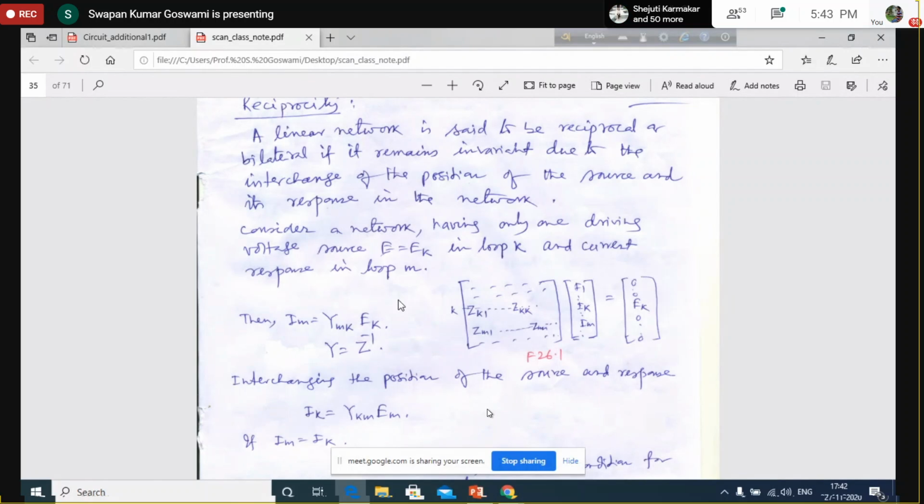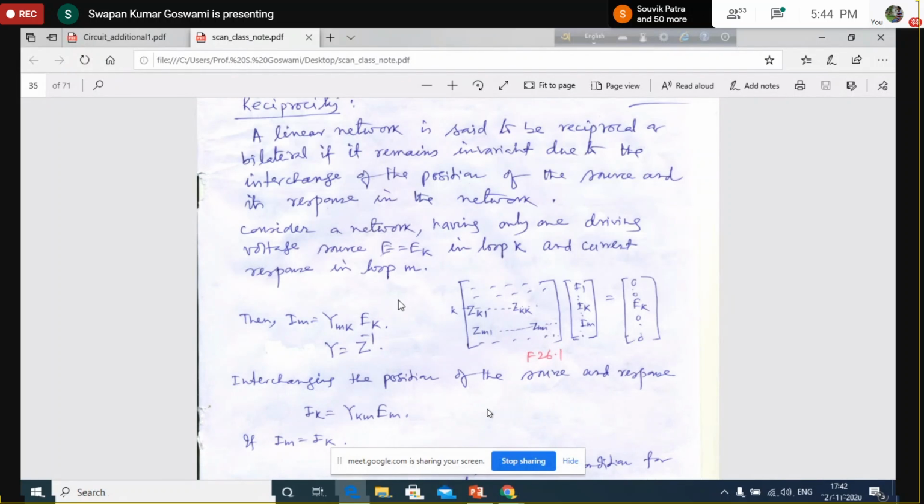If you don't change the value of the source, the response value will remain unchanged. This can be done, and if this can be done, the network is said to be bilateral, the network is said to be reciprocal.